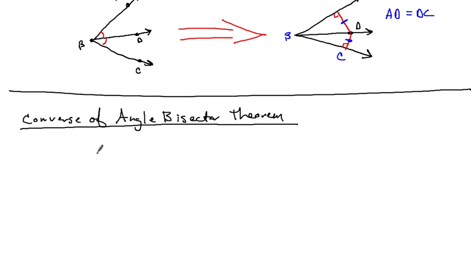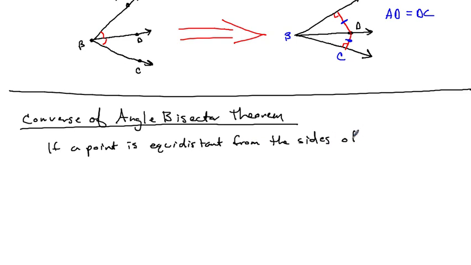And the converse is going to say if a point is equidistant from the sides of an angle, then it is on the bisector of the angle.